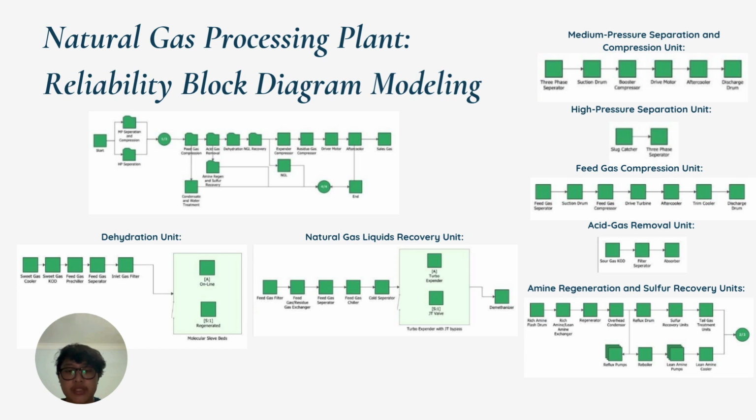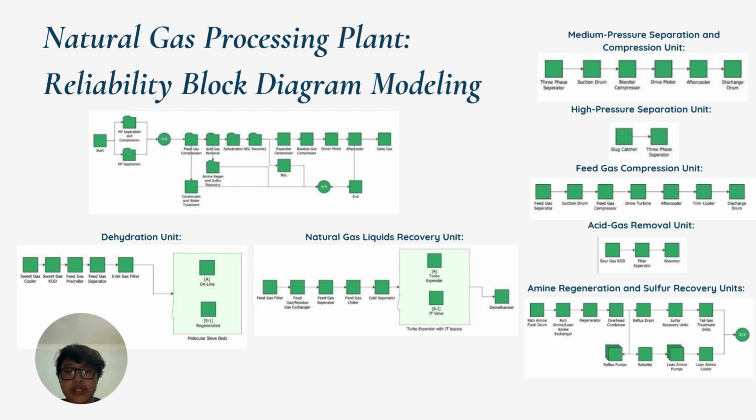The higher pressure and medium pressure separator units initiate the process by separating liquids from the raw gas. Then the feed gas compression unit boosts pressure for further processing. The acid gas removal unit, followed by the amine regeneration and sulfur recovery units, eliminates H2S and CO2.